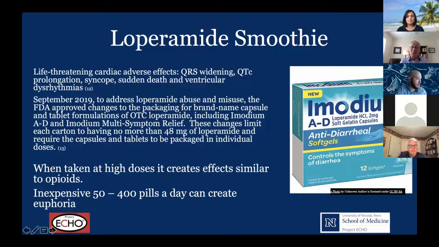And if they're ready to go to this extreme to get high, then this is what they'll do. Also, it helps withdrawals, because if they need to get those mu receptors filled so that they're not going through the withdrawals, then this is an option. 400 pills will cost you $15, and you can order it anywhere online. Go ahead, next slide.